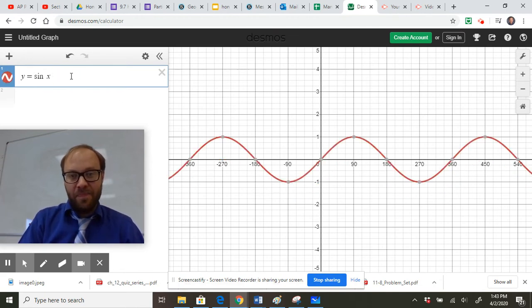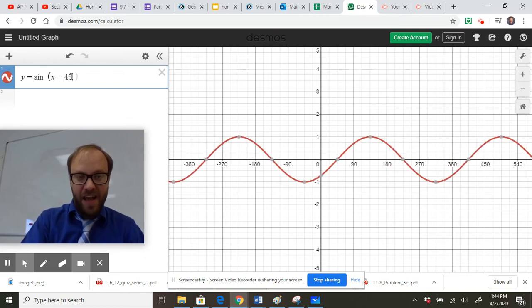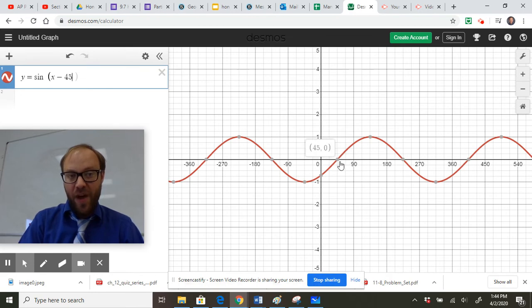The other things that are relatively easy to see: if you add or subtract a value to the x, if you remember when we worked with parabolas, it would shift it left or right. The exact same transformation works here. If I do x - 45, it's going to move the graph 45 degrees to the right.